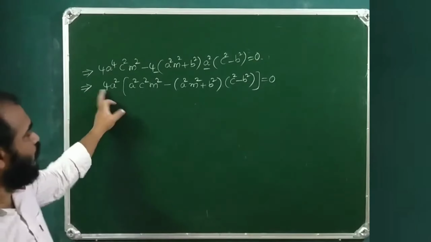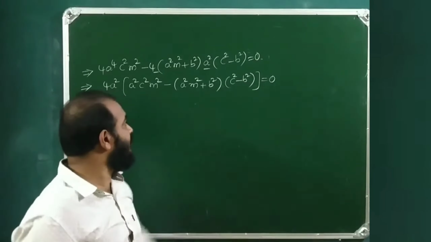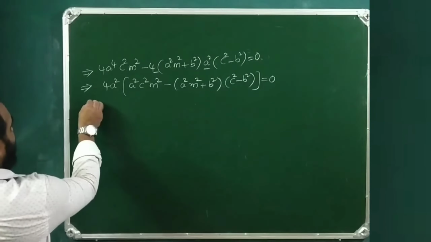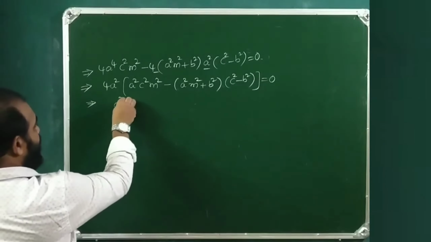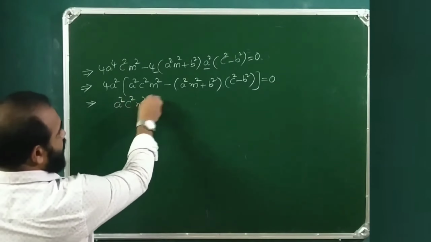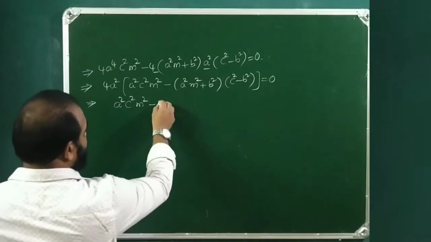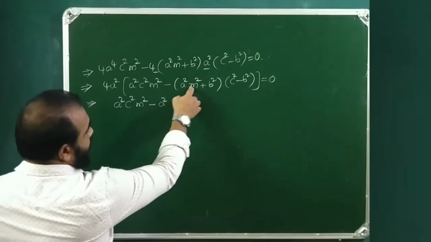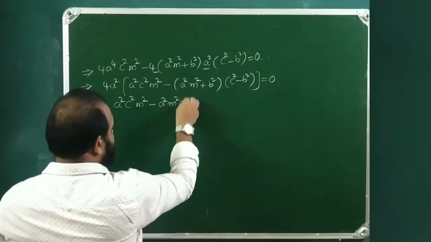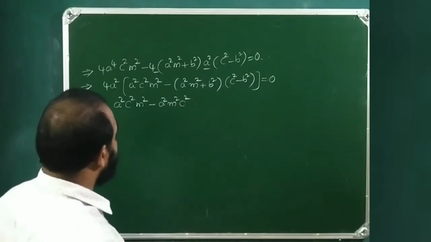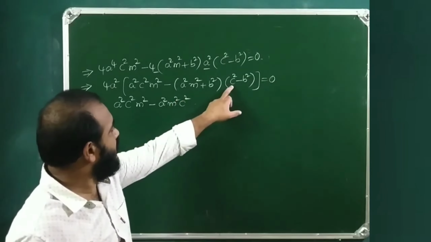So this 4a square if you transpose onto another side, it will be simply 0. This implies a square c square m square, this is minus a square m square c square, a square m square c square.